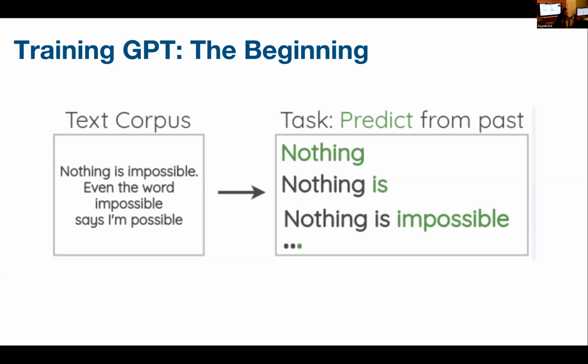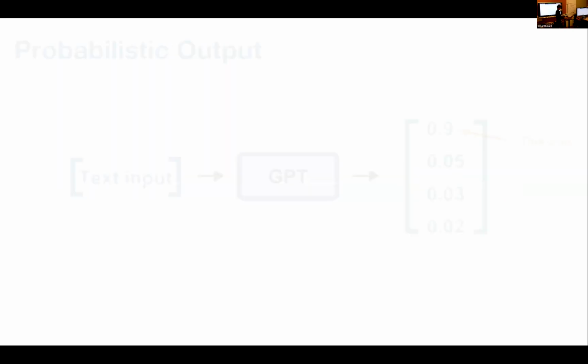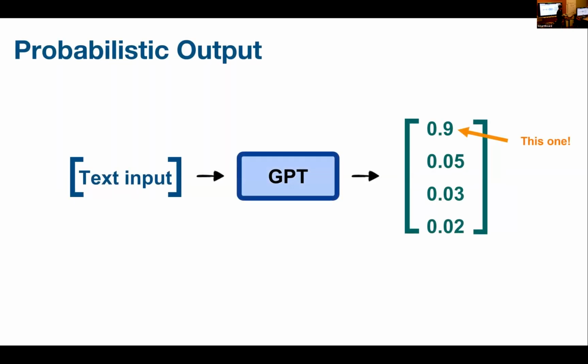So it's theoretically going to be very, very large training data sets, which means theoretically it should be very, very confident in what it's predicting, right? So when we give it a text input, it's going to spit out a series of probabilities that look something like this, okay? And it should be very, very confident in what it's predicting. So for example, you can see this one, it has a probability of 0.9 or 90%, okay?